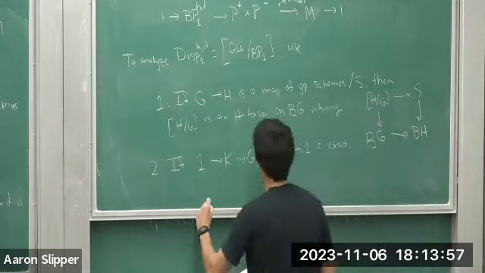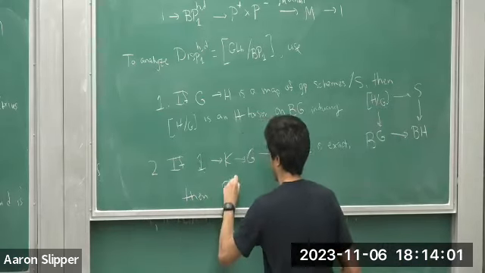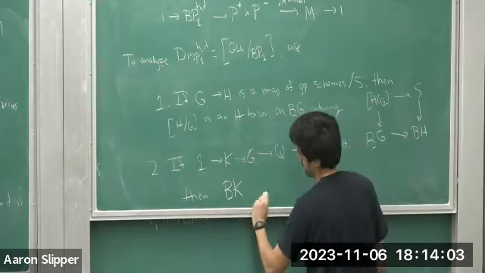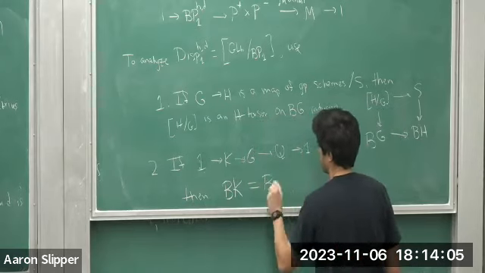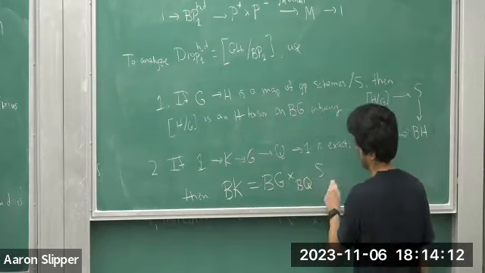So a way to write that: the classifying space of K is just the classifying space of G times the trivial map over B.